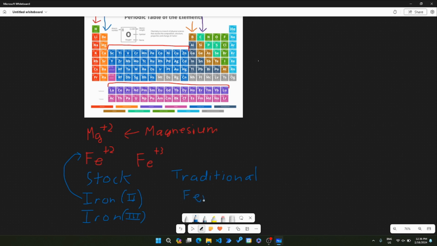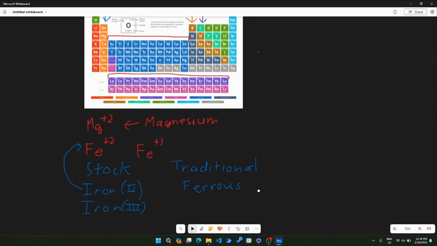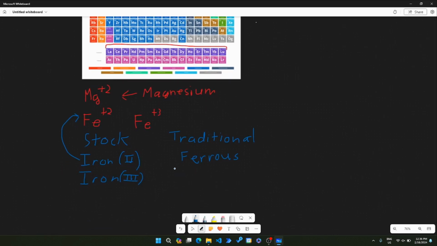So it would be ferrous. These two are the same thing: iron(II) and ferrous are equal. And for iron(III), since it's a higher charge, it becomes ferric.